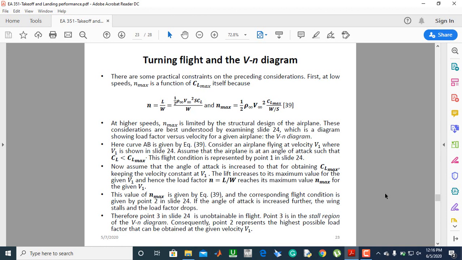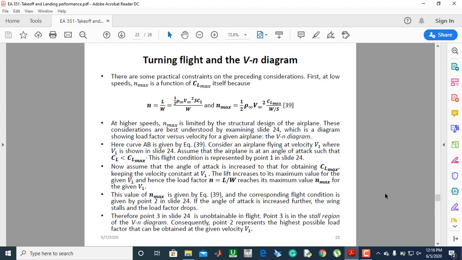Some practical constraint on what we've just looked at is low speed, where you want maximum load factor. The load factor can be given by this expression, the lift divided by the weight, and the maximum load factor will be obtained when the lift coefficient is maximum and the wing loading is minimum.